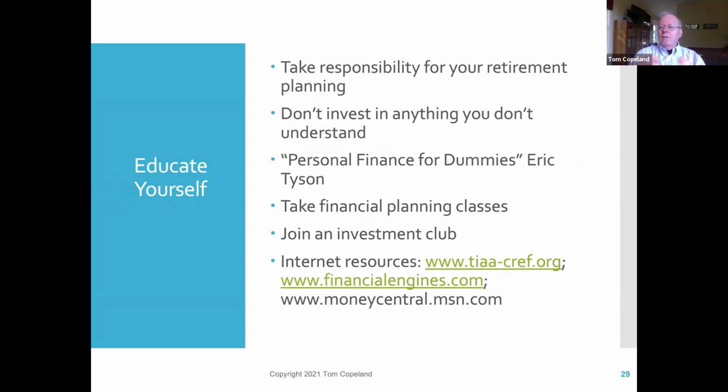You need to educate yourself about this. You need to take responsibility for your retirement planning. Don't take any steps if you don't understand it. When I'm going to talk about these IRAs, or if I talk about money market funds or short-term bond funds, if you don't know what I'm talking about, don't do it until you find out.